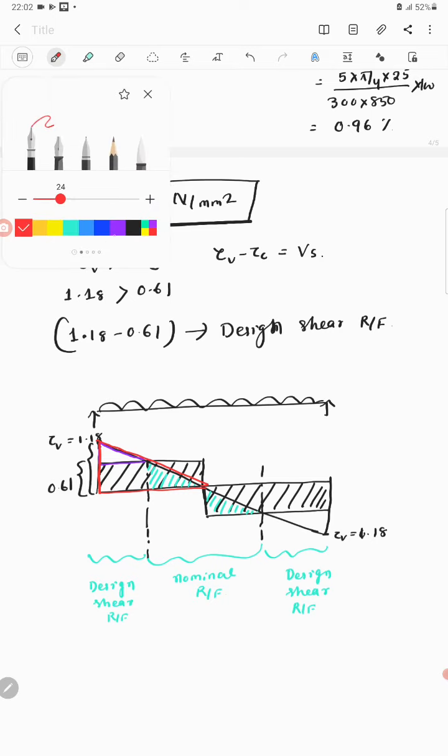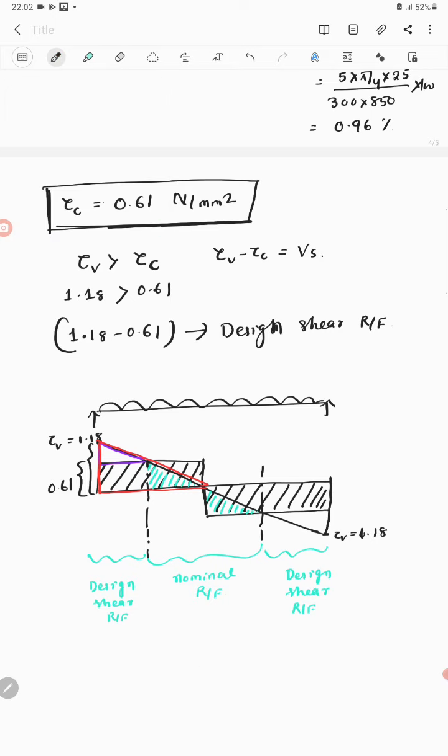From these two triangles I can write 1.18 minus 0.61 divided by x, equal to 1.18 divided by 4 meter, since the total length is 8, so half is 4 meter.